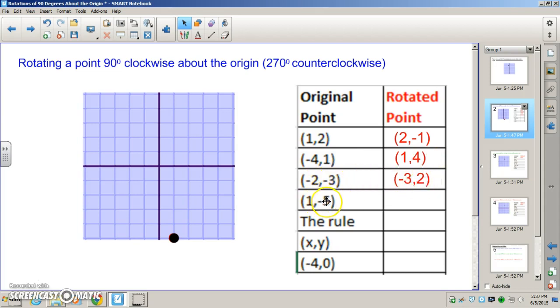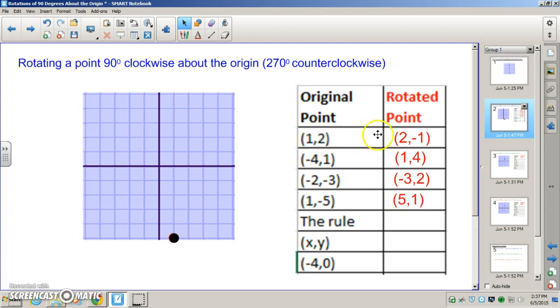So if I have a 1 and a 5, part of my prediction is that it's going to be a 5 and a 1. I'll put that in here. I do not know anything about the signs yet. I'm putting in a 5 and a 1 just because I notice the numbers go backwards: 1, 2 to 2, 1, so likewise 1, 5 to 5, 1. But then there's something about the negatives.